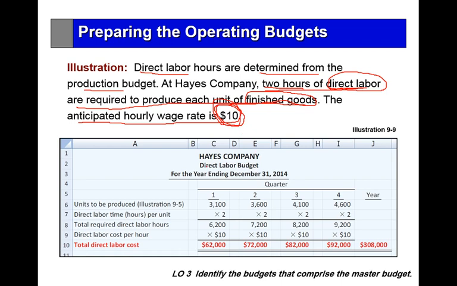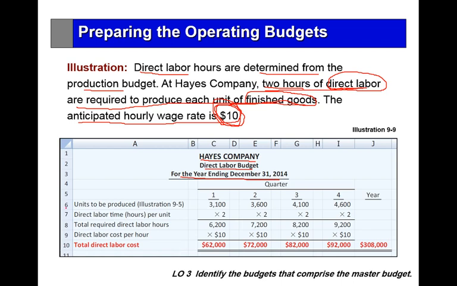Here is the direct labor budget. To prepare it, we have the company name, the title of the report, direct labor budget, and the covering period, the year ending December 31, 2014.